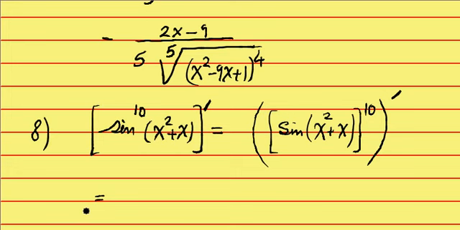When you have several layers of functions heaped on top of each other, when you want to differentiate, you go to the innermost. Here's derivative of x squared plus x, just 2x plus 1.